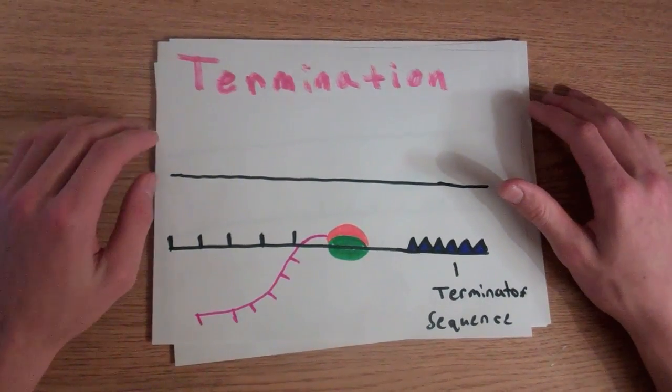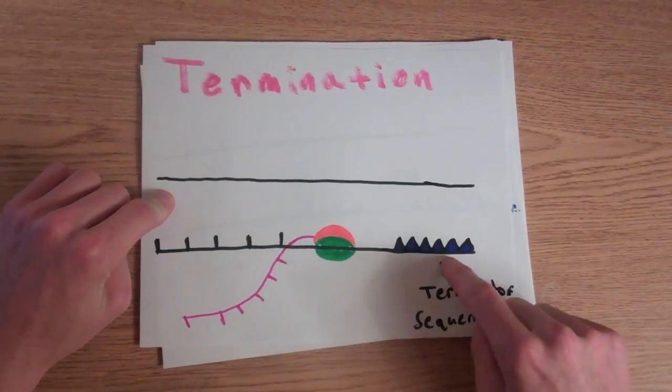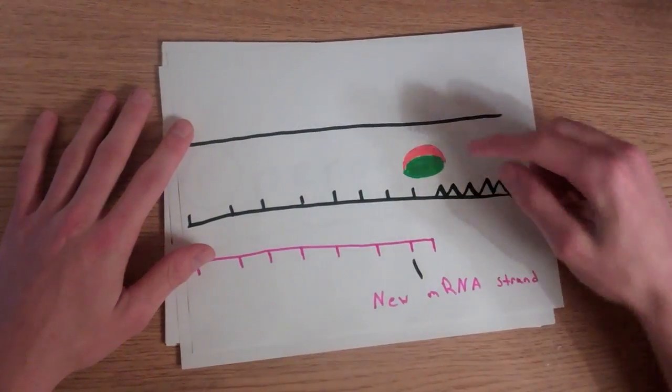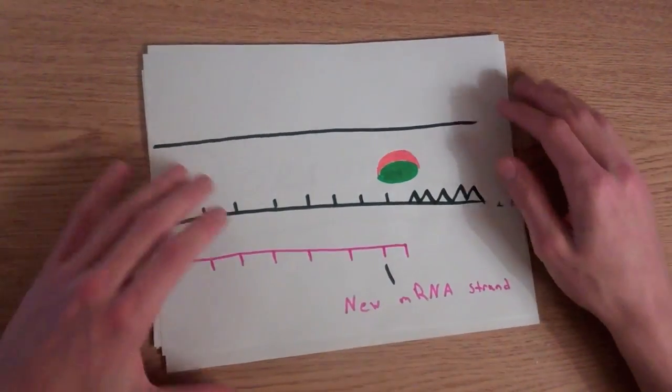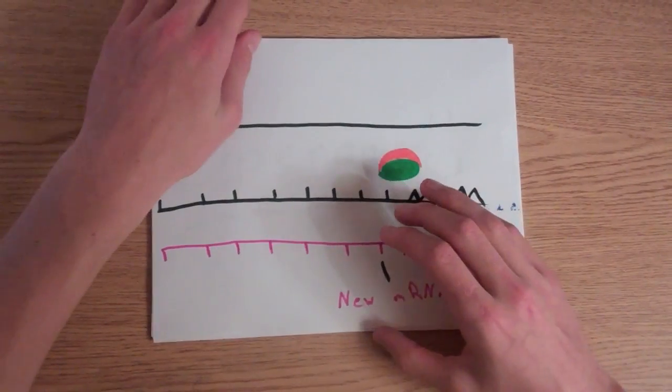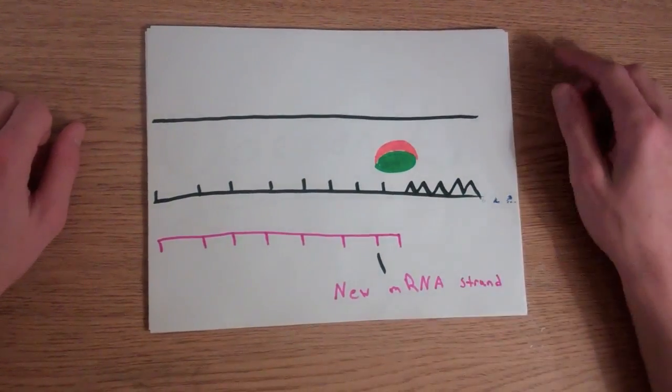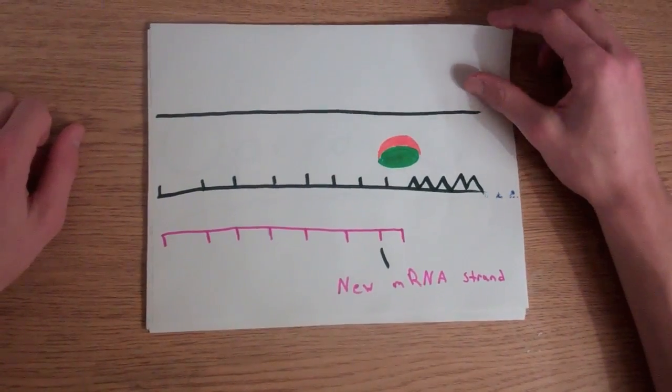In termination, RNA polymerase reaches a terminator sequence and is bumped off the template strand, thus ending the 3 phases of transcription, and leaving a new mRNA strand to move on to the next step, translation.